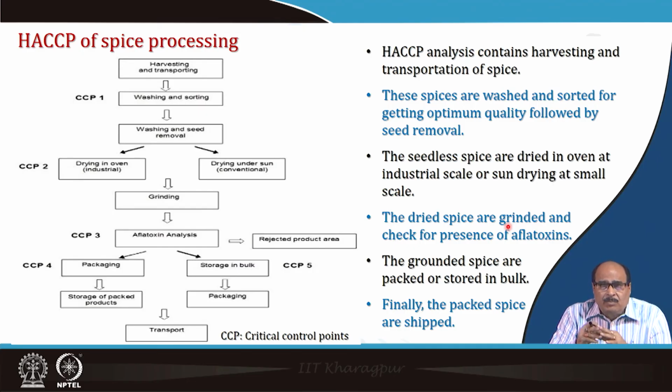Then seedless spices are dried in an oven at industrial scale or by sun drying at a small scale. The dried spices are ground and checked for the presence of aflatoxin, etc. Ground spices are packaged, stored in bulk, and finally the packaged spices are shipped.